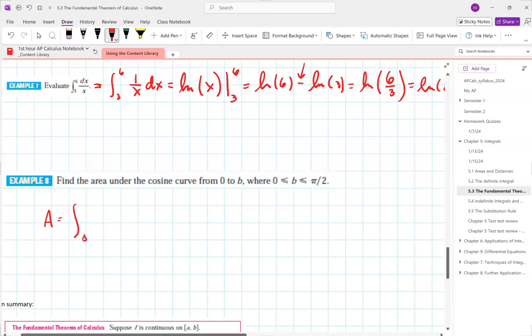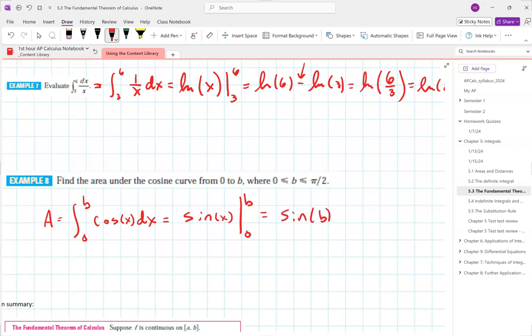So the integral from 0 to b of cosine x dx. What is the antiderivative for cosine? Well, the derivative of cosine is negative sine. But what do I take the derivative of to get cosine? Sine. There you go.